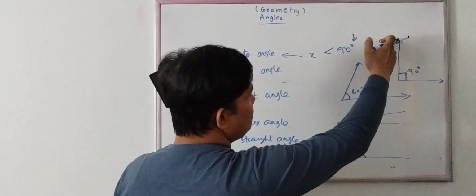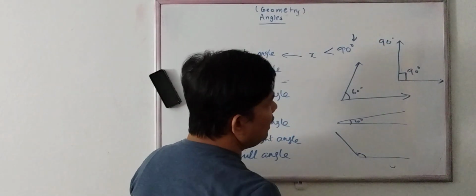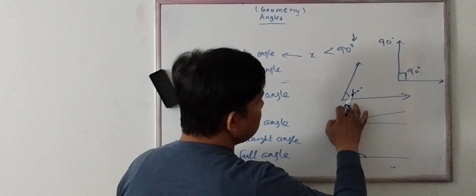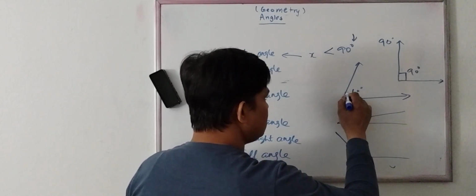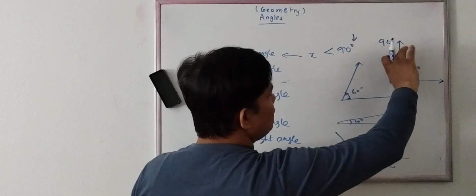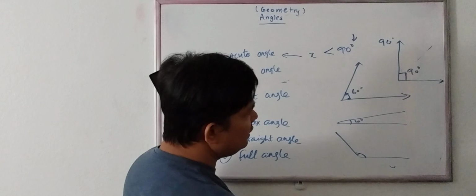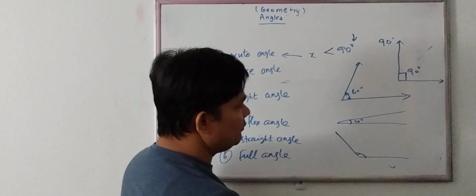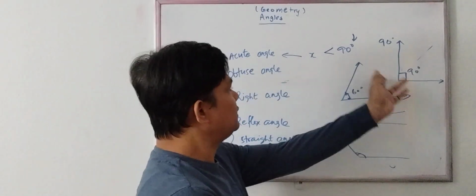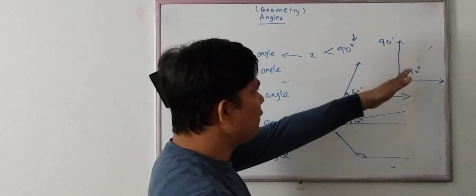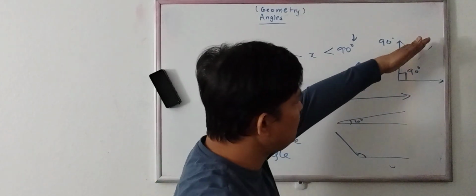So you have to look at the perpendicular shape, and then the angle you're trying to find: in this direction, the line is going in this direction, less than 90 degrees, it's not perpendicular. If it's not perpendicular, it can be in this direction or in this direction. So when it's less than 90 degrees, it has to be in this direction.